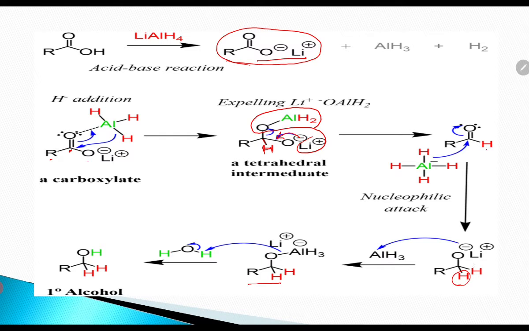Lithium carboxylate reacts first, and now it has come to lithium alkoxide. Again this lithium alkoxide reacts with aluminum hydride and forms the same intermediate, which on hydrolysis gives primary alcohols. In this way, carboxylic acids on reduction give alcohols.